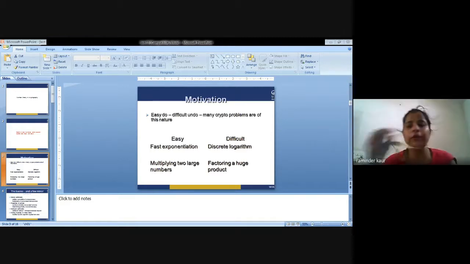But what does factorization mean? For example, if I am talking about integer factorization, it is the decomposition of composite numbers into the product of smaller integers. So what is factorization? Decomposition of composite numbers into the product of smaller integers.